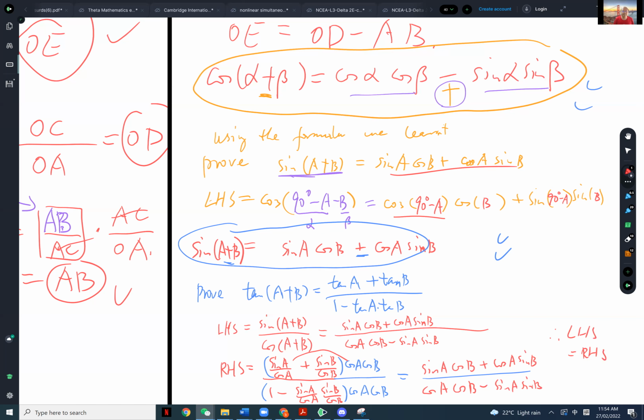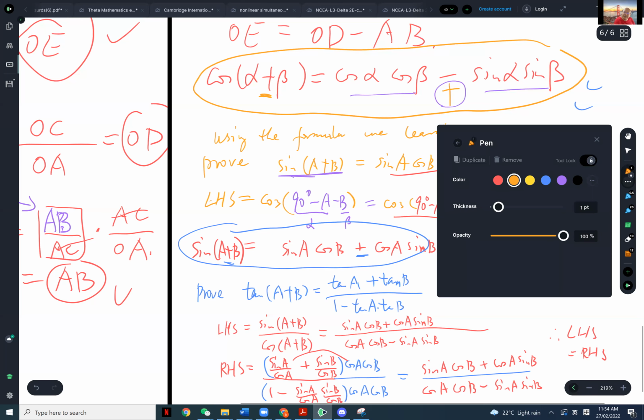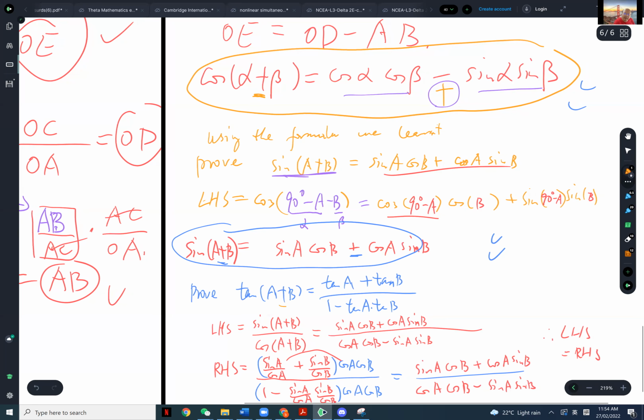Yeah, we proved the tan formula. For tan(A minus B), just change B to negative B. So here minus, here plus. We proved six more formulas.